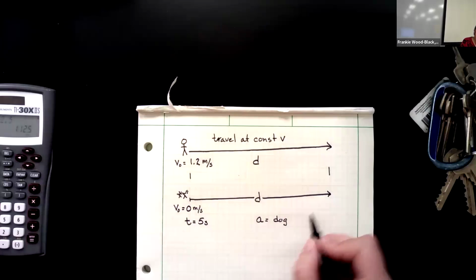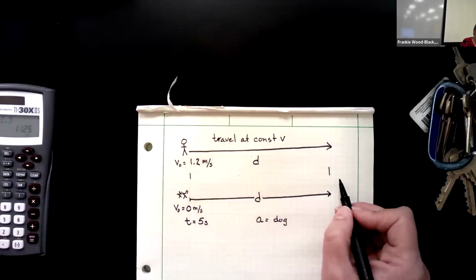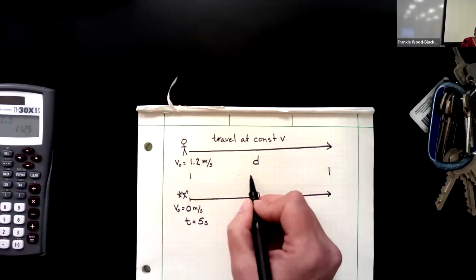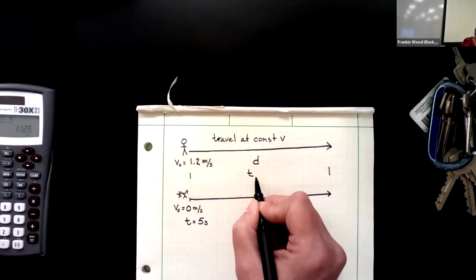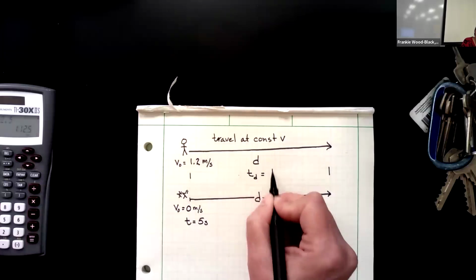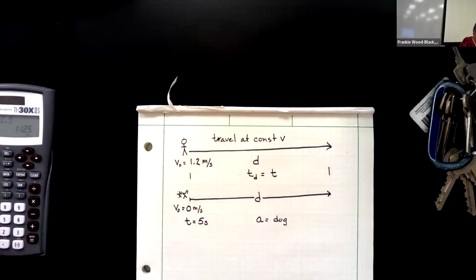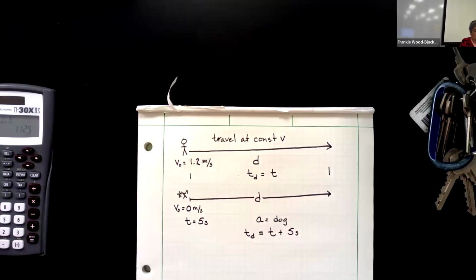So this person is going to run for a time, and the distance is going to equal that time. The dog's time is going to be time plus 5 seconds. Distance D's are the same.